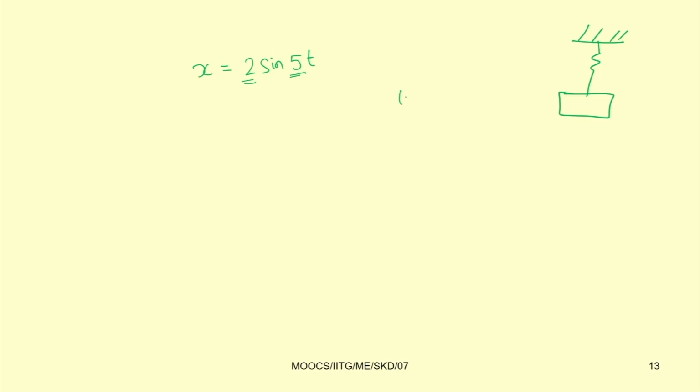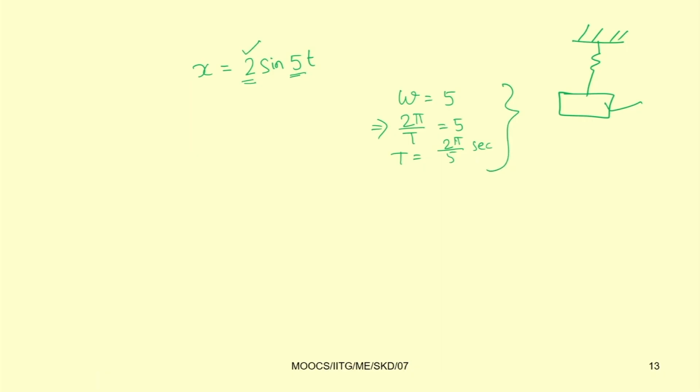Omega equal to 5 means 2 pi by T, where T is the time period, equals 5. So, the time period of oscillation in this case of the spring mass system can be 2 pi by 5 seconds. So, this is the time period.